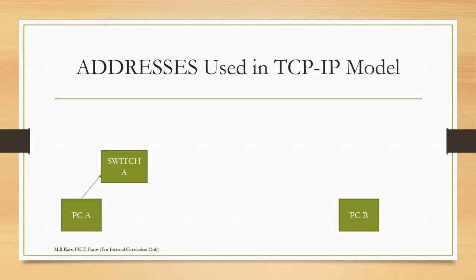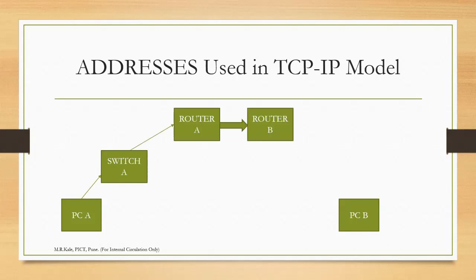So PC A's data will go to switch A. Eventually, it will be given to router A, which is the boundary of LAN A. After some routing process, it reaches router B, which is the destination router. From router B, it will be given to switch B, and from there it will be delivered to PC B. This is the whole scenario of the communication.